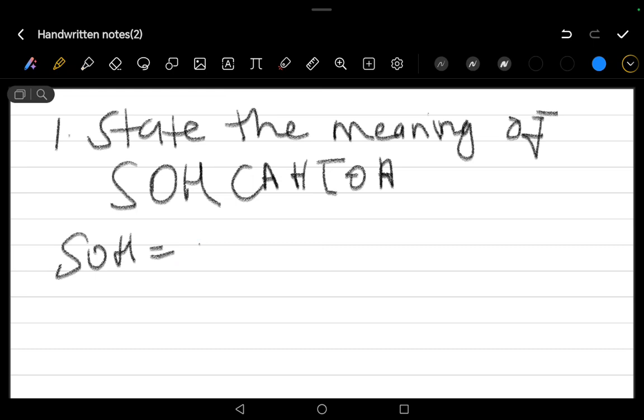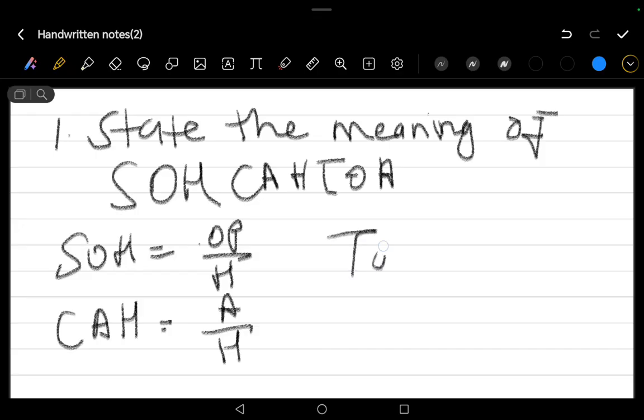No, remember I said sine is equal to opposite over hypotenuse, right? Yes. So it's going to be opposite over hypotenuse. Cos is going to be adjacent over hypotenuse. And then tan is going to be opposite over adjacent. So I just wanted you to state the meaning of that.